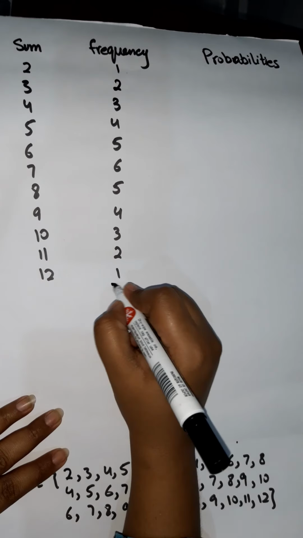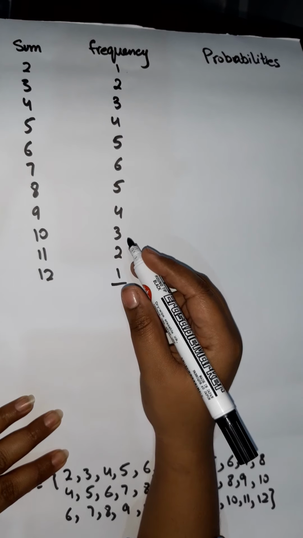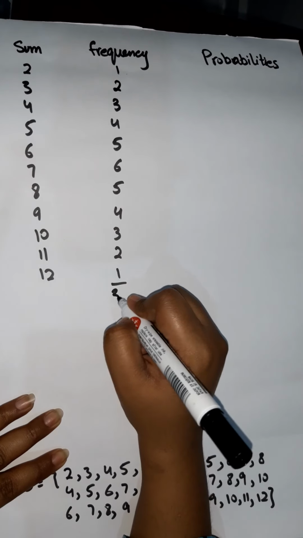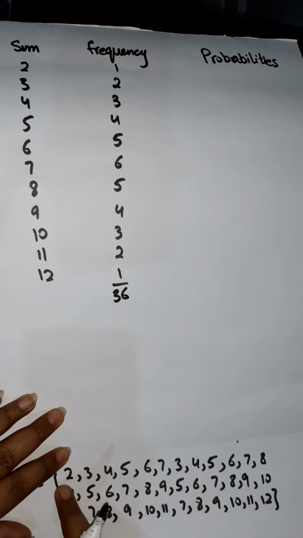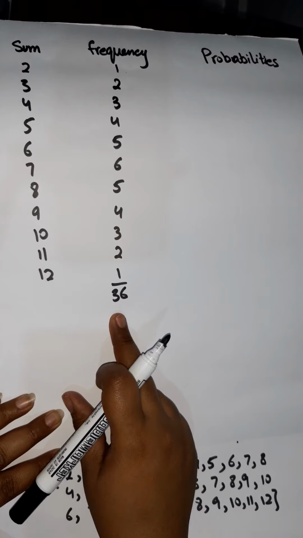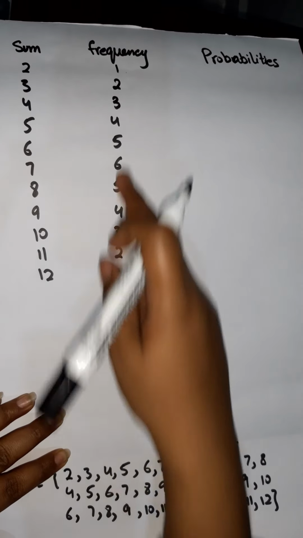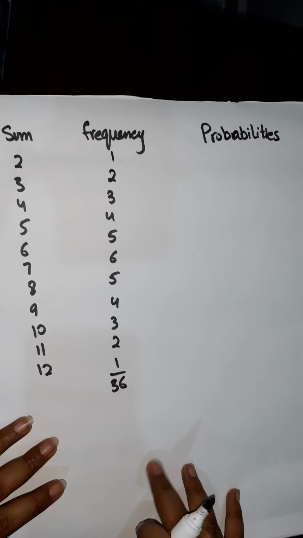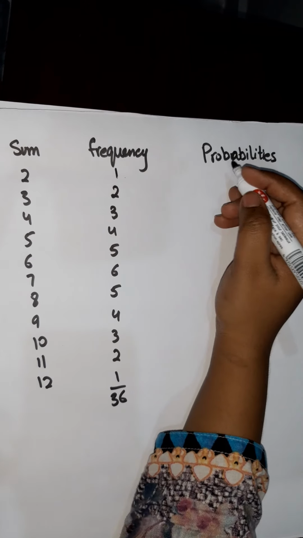When you add all of the frequencies, the total should be equal to the number of outcomes, and we know that the number of outcomes is 36, and if you add all of these, it will also result in 36. Now probability.